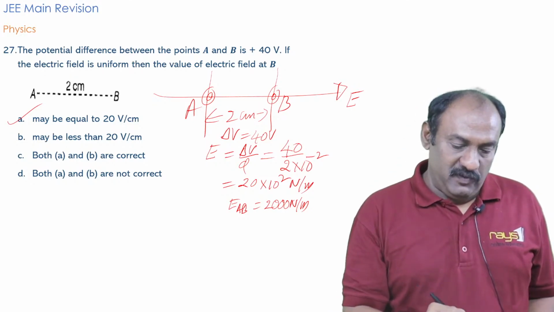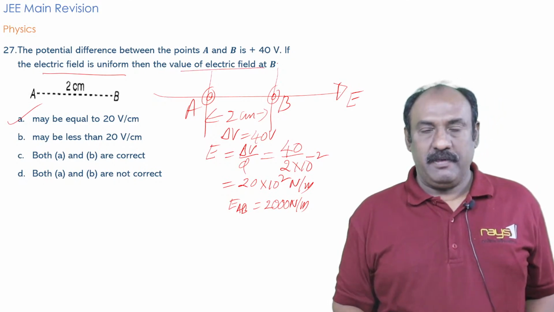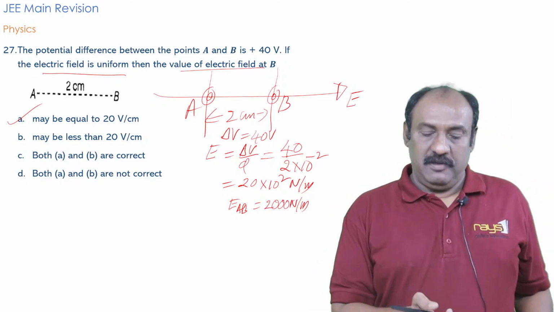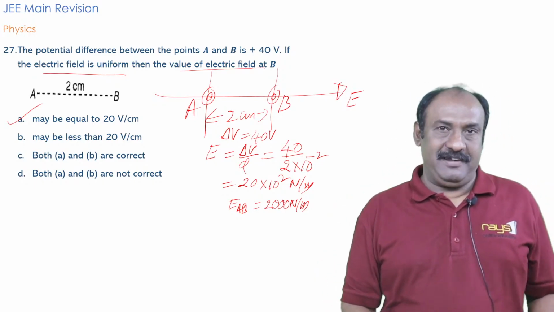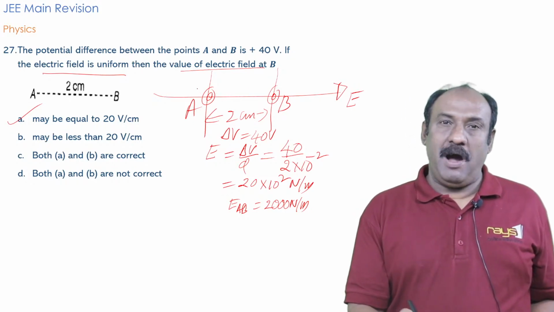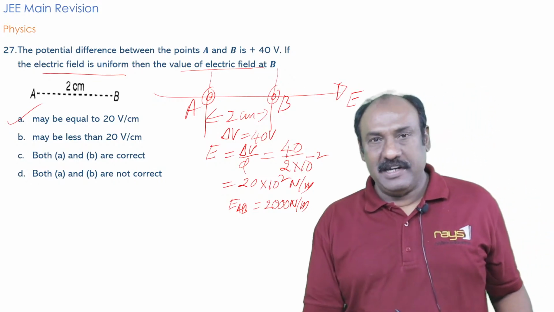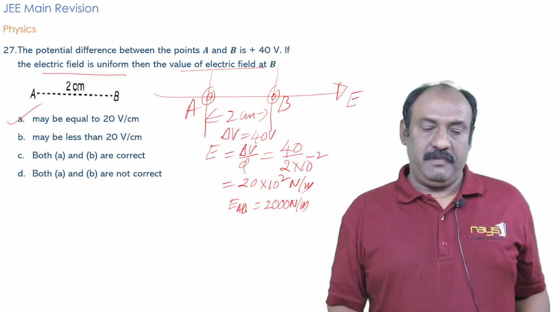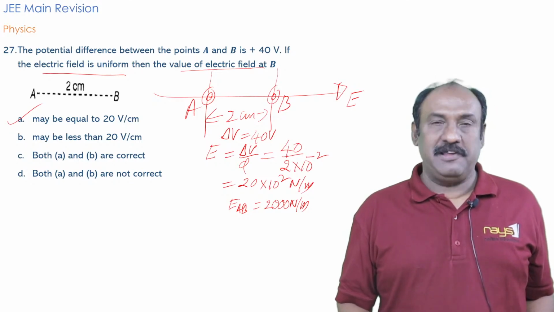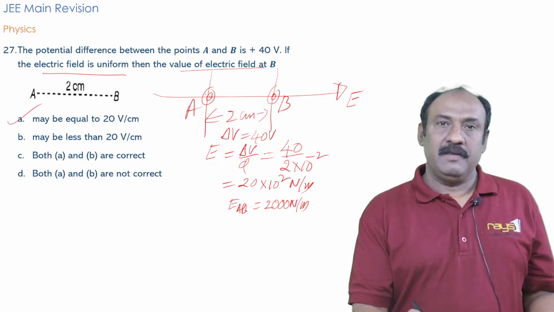For that reason, what we want: if the electric field is uniform, then the value of the electric field at point B may be half of that given value, because for an equipotential surface you have to imagine like that. If you imagine like this, these 2 points are on the line of the electric field intensity, that is on the direction of the electric field intensity, the potential difference may be 20 volt or 40.